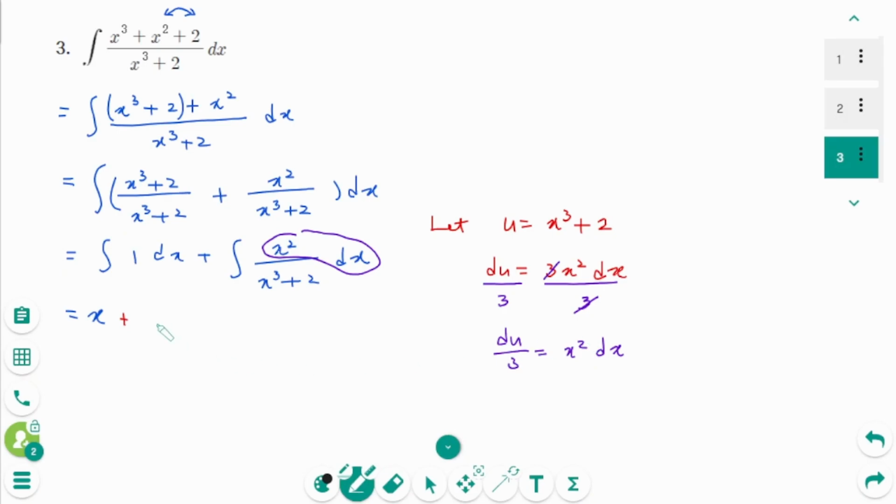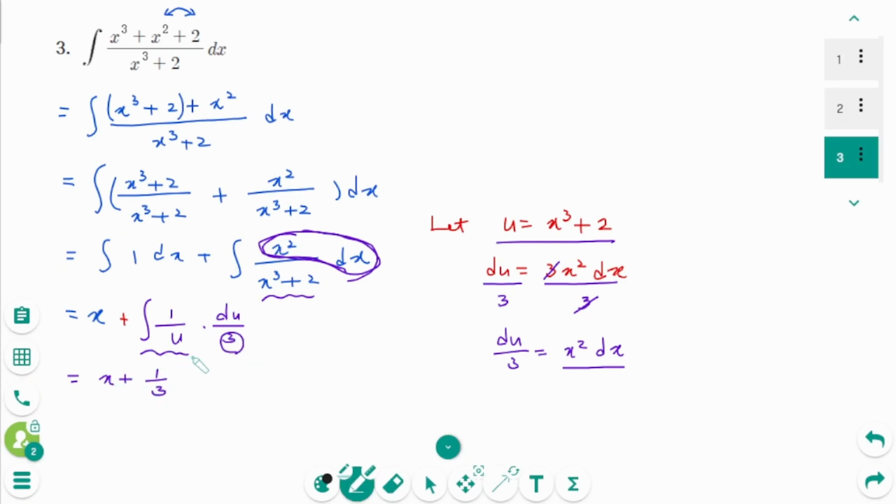Then back to the original, change all x into u. The integral of this part is du over 3, and 1 over this part is u, equals x plus 1 over 3.